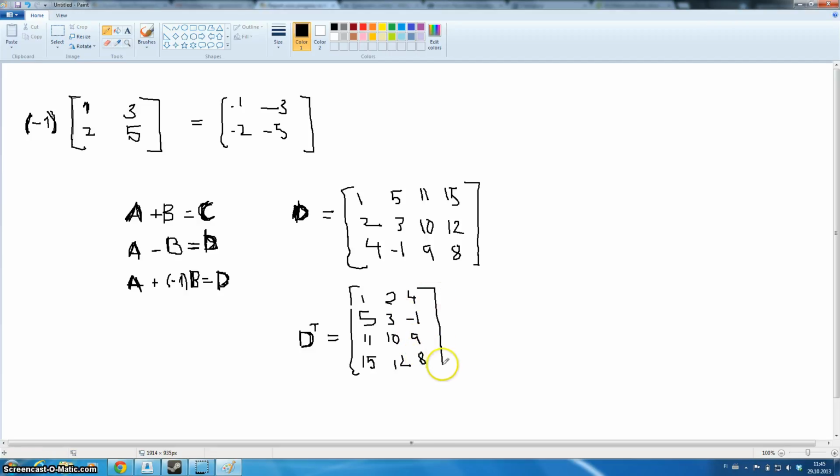So here is our transposed. As you see, this matrix is 3 by 4, so the transposed is a 4 by 3 matrix.